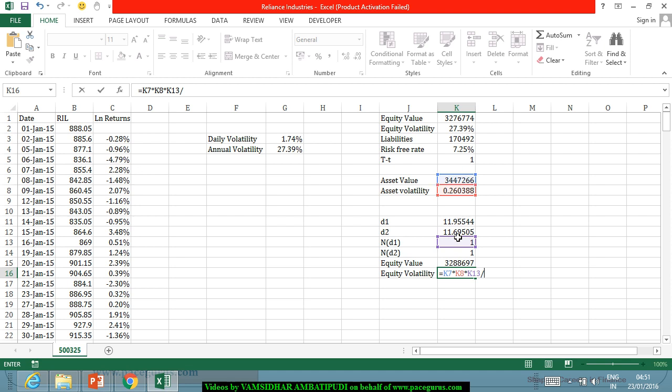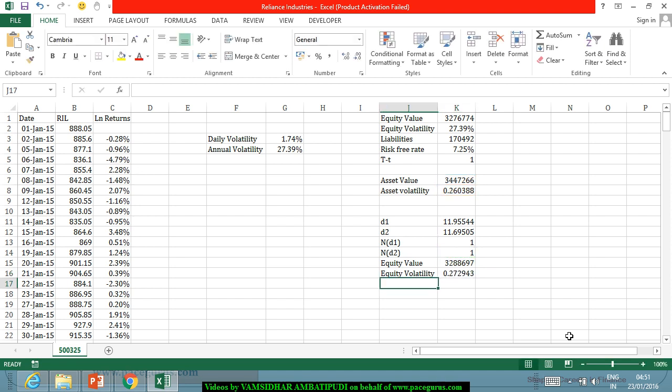ET, I'll now take as the value of the equity that I got here. So this is telling me that the equity volatility through this process is slightly different: 27.29, whereas here it is 27.39.